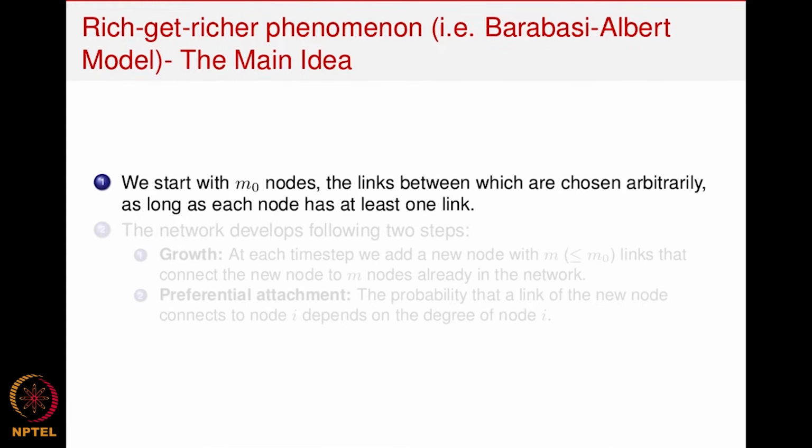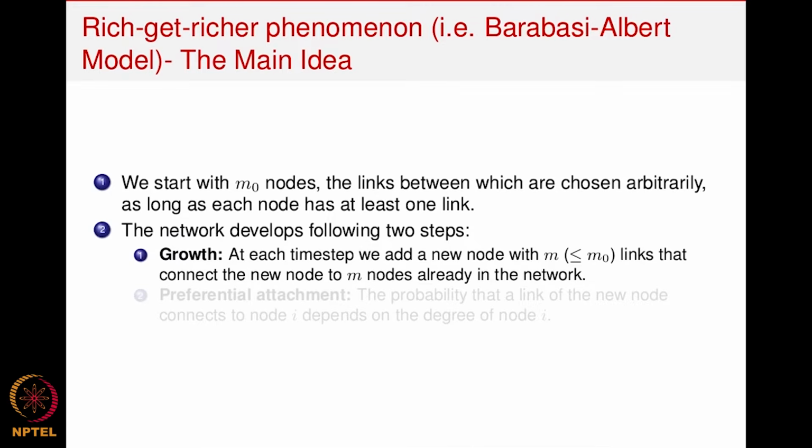Now, how do they get attached? There are two properties that every node follows, and the first thing is that every node gets attached to some m number of existing nodes. So, for example, say m0 is equal to 5 and m has to be less than or equal to m0. So, assume m0 is equal to 5 and m is equal to 3.